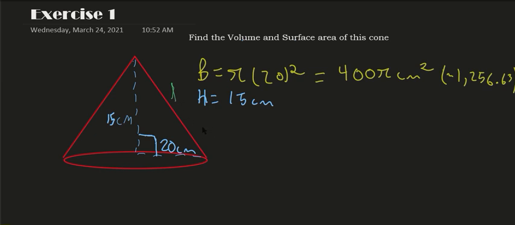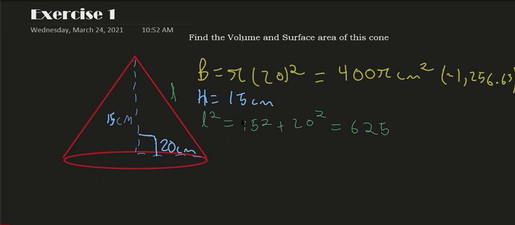So what we have to do is create the Pythagorean theorem problem. So L squared is equal to 15 squared plus 20 squared. And what we get is 625. So let us write that down. 625.